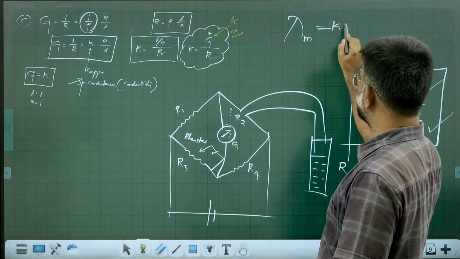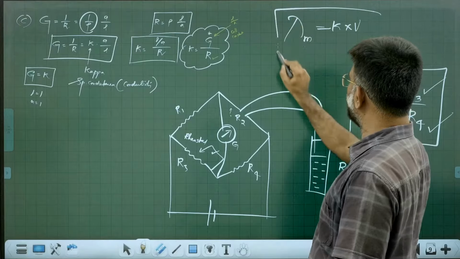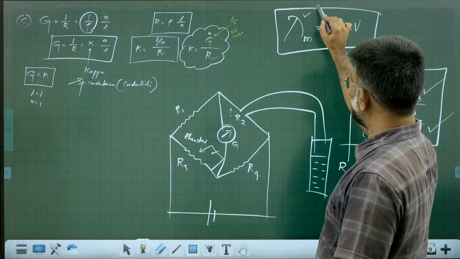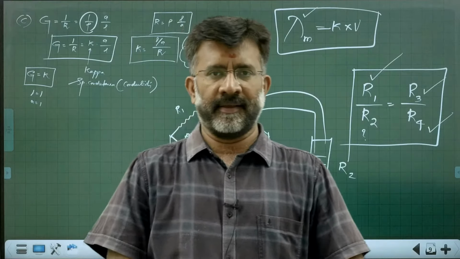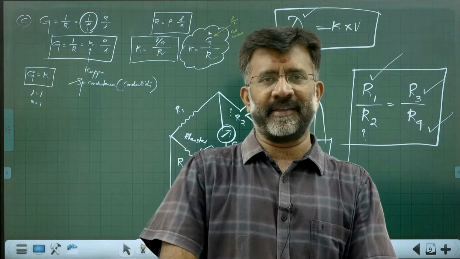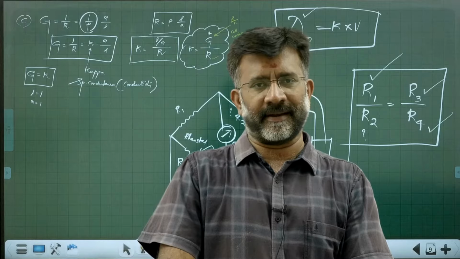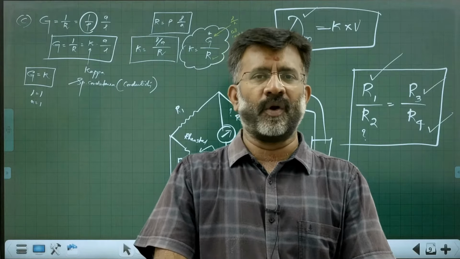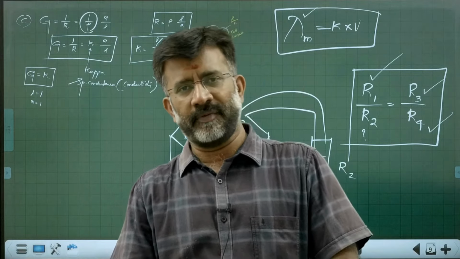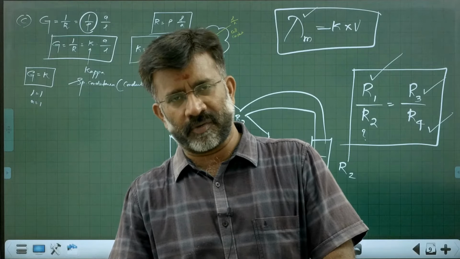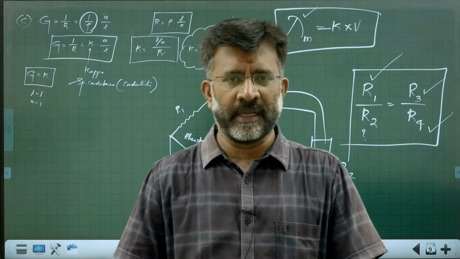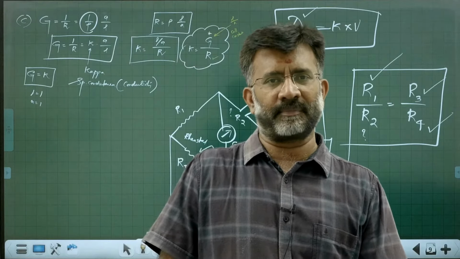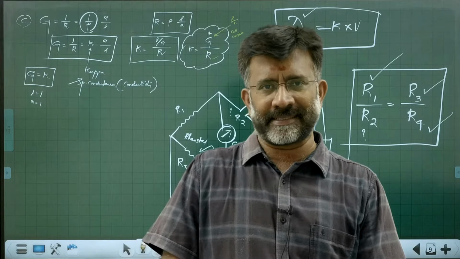Molar conductance is kappa into V. That is the total conductance offered by a solution having 1 mole of electrolyte dissolved in a solution such that the electrodes are kept at unit centimeter distance.